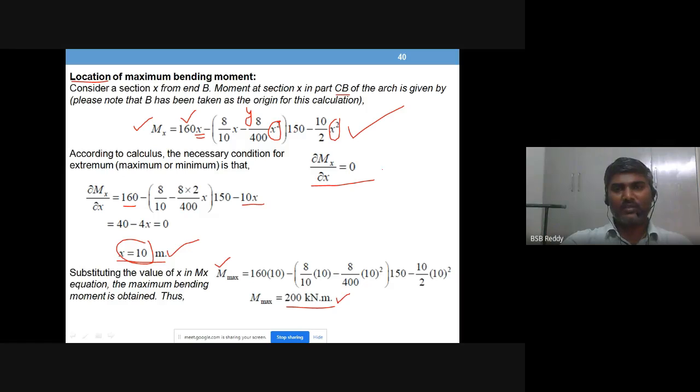So finally the bending moment is proportional to x square, irrespective of the load, whether it is point load or UDL, whatever it is.